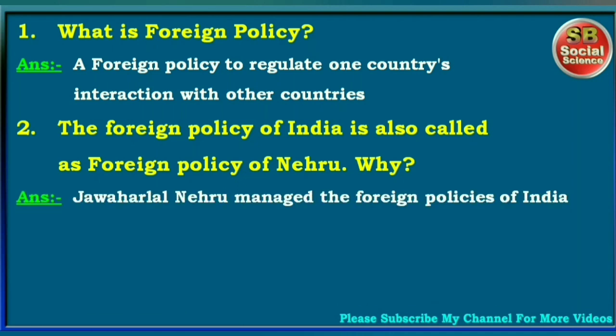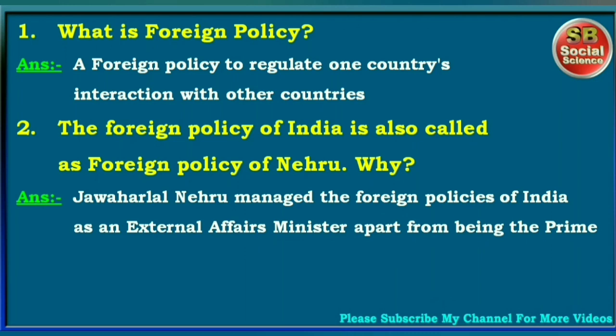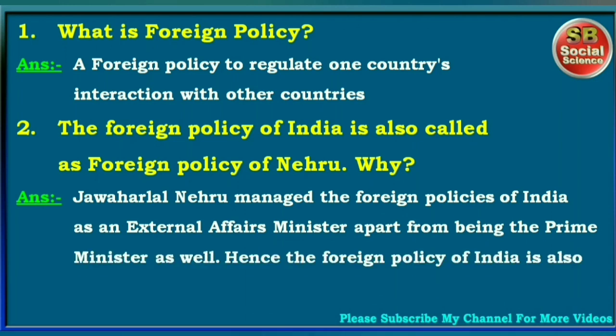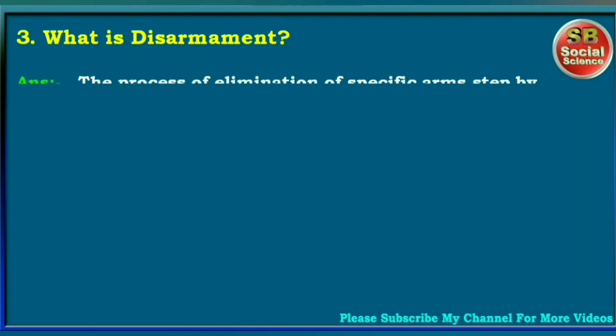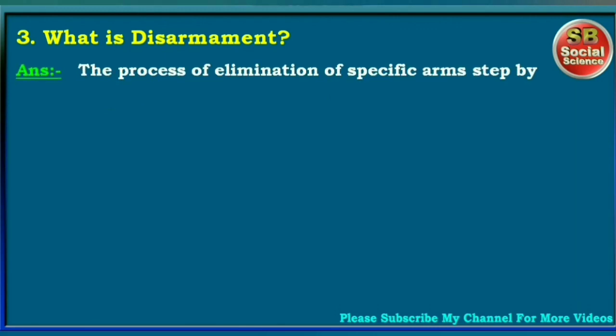Answer: Jawaharlal Nehru managed the foreign policies of India as external affairs minister apart from being the prime minister as well. Hence, the foreign policy of India is also called the foreign policy of Nehru. Next question is, what is disarmament? Answer: the process of elimination of specific arms step by step is called disarmament.